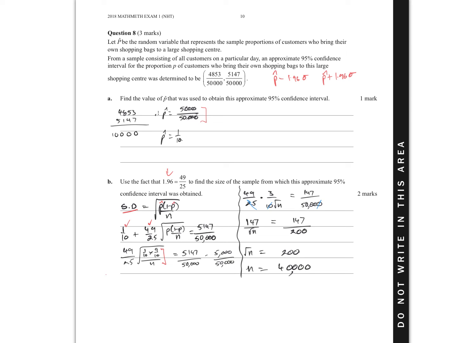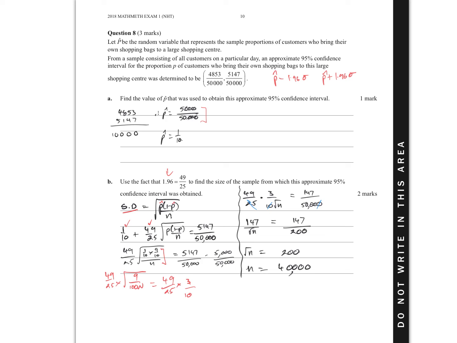So if you like, I've got 49 on 25 times the square root of 9 over 100 n, yeah? And the square root of 9 is 3 over 10.